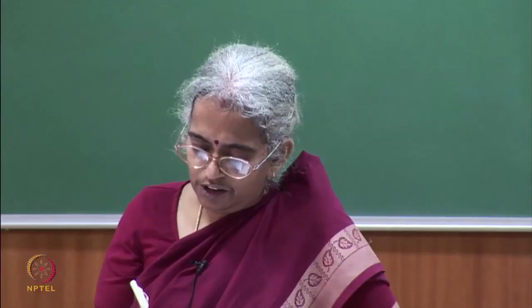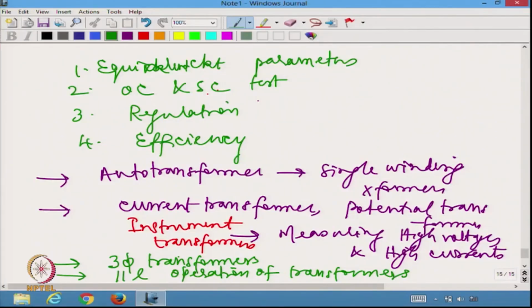These 4 topics we will take up after finishing equivalent circuit parameters, open circuit and short circuit tests, regulation and efficiency. We would work out some more problems on OC/SC test, regulation and efficiency, which would make the understanding much clearer than what you have understood already. Okay? So far so good.